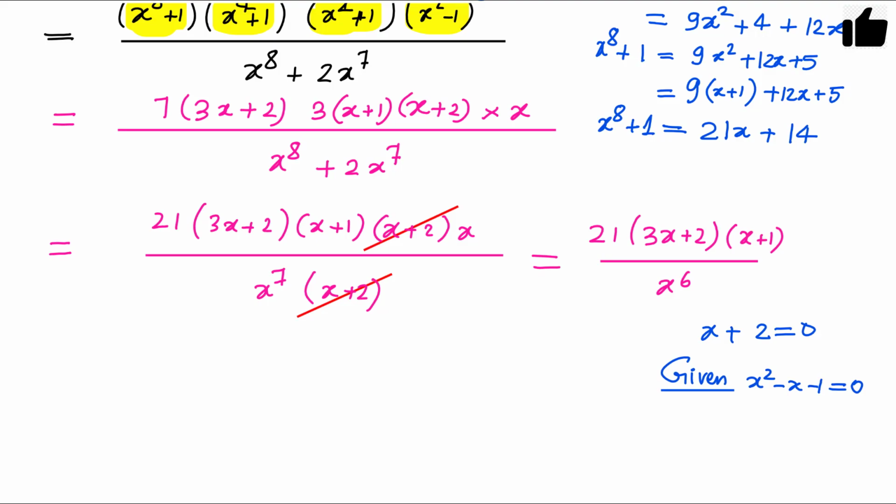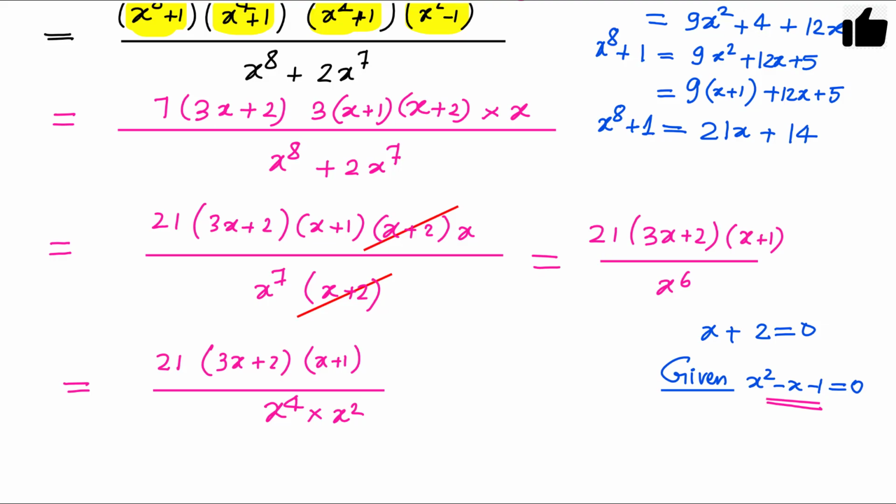Now the simplified expression I have, that is 21 times (3x plus 2) times (x plus 1), and in the denominator we have x^6. So we have to reduce the power. So I can write x^4 times x raised to the power 2. And x square is what? X square is nothing but x plus 1. So I can replace this with x plus 1.